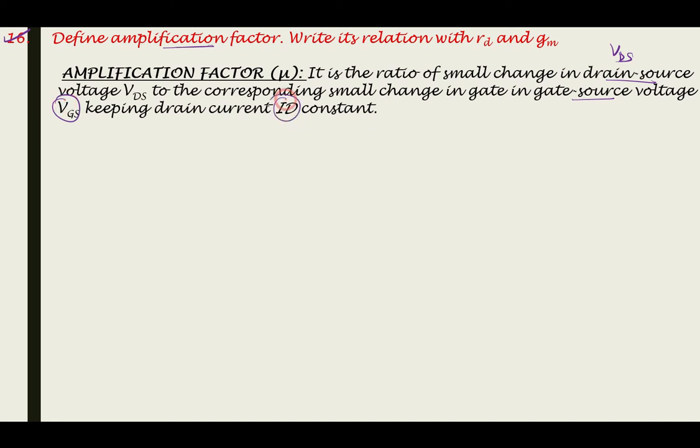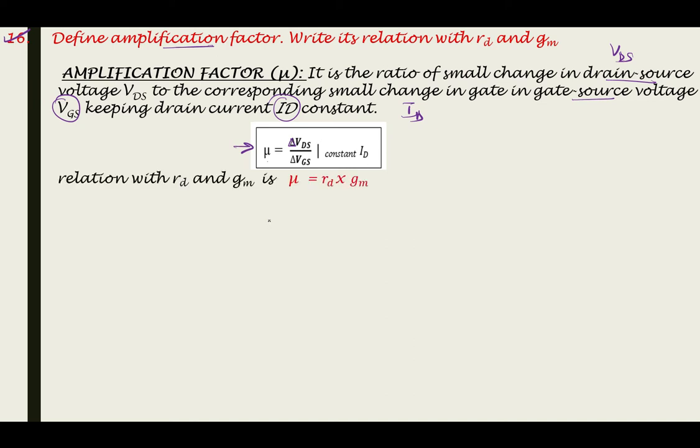Obviously I need to keep ID constant. So if I have to write it in equation form, mu is equal to small changes denoted by delta, delta VDS by delta VGS at constant ID. Then the relation is mu is equal to RD into GM.